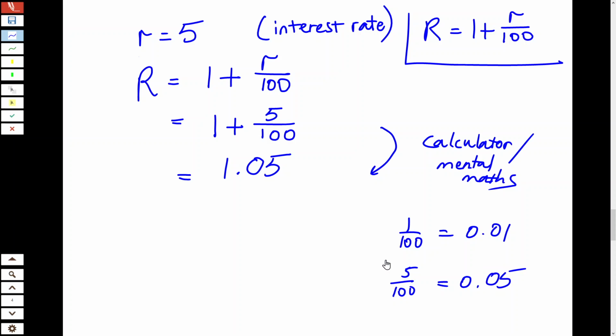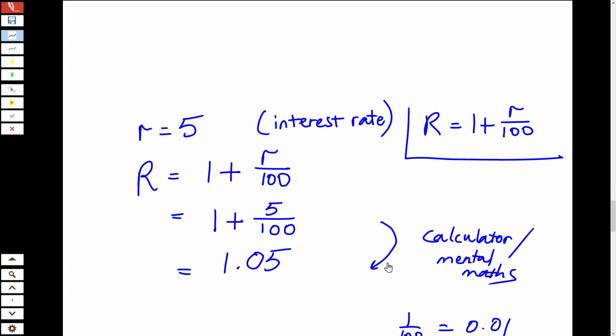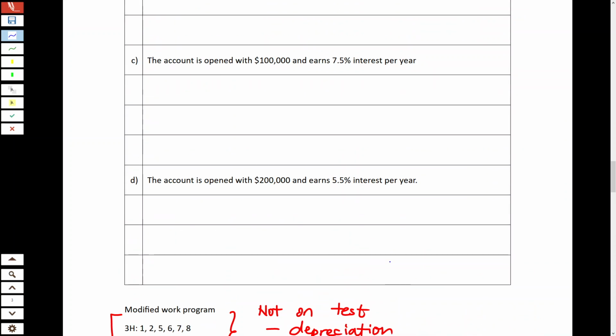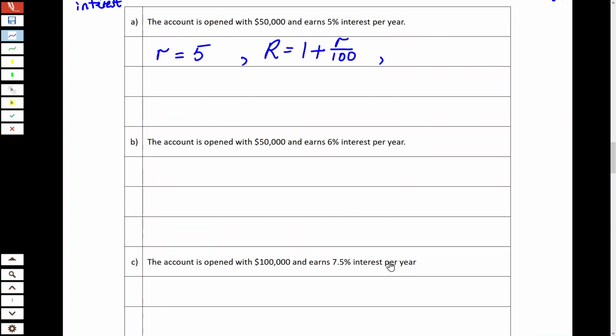Does that make more sense now? Okay, so capital R equals 1.05.